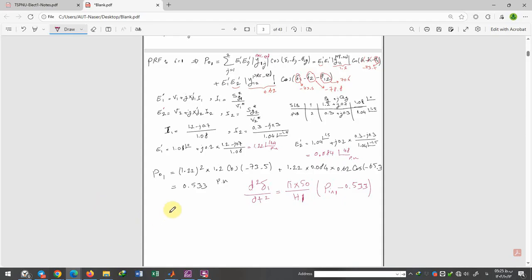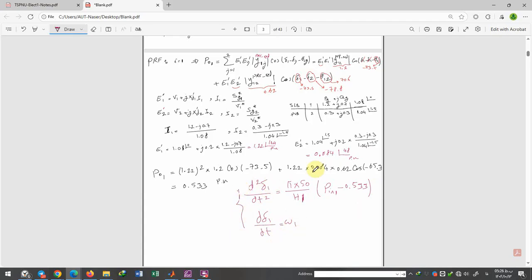So after that, you can write this equation as a second order differential equation with d delta 1 over dt equal to omega 1.